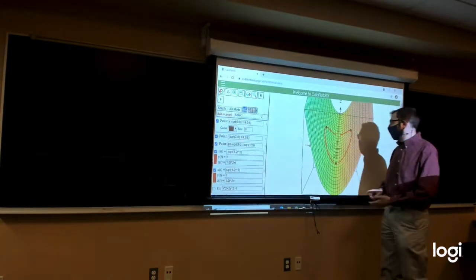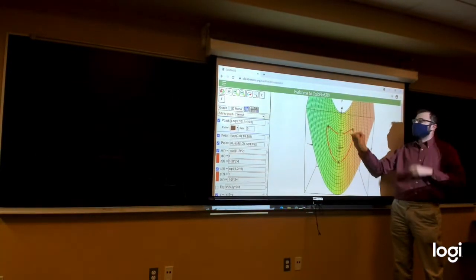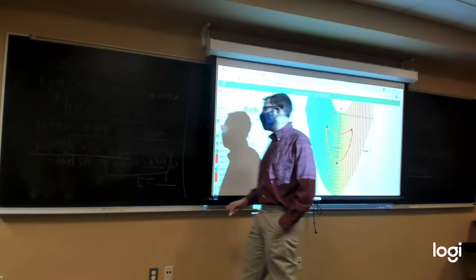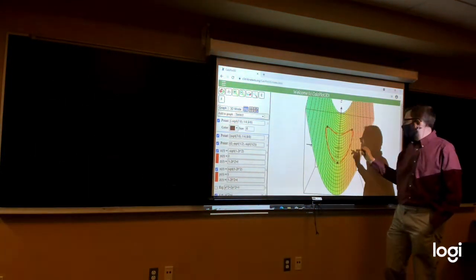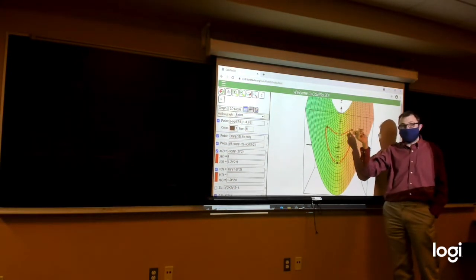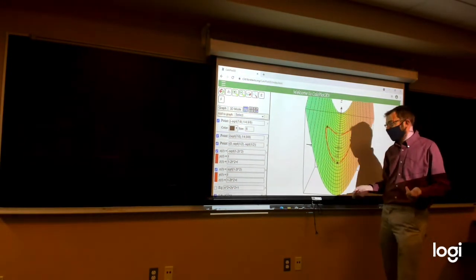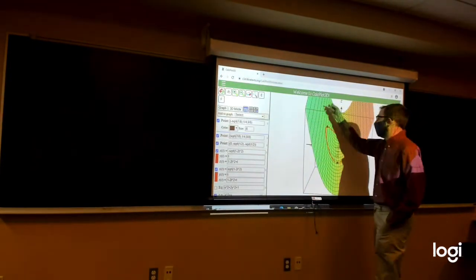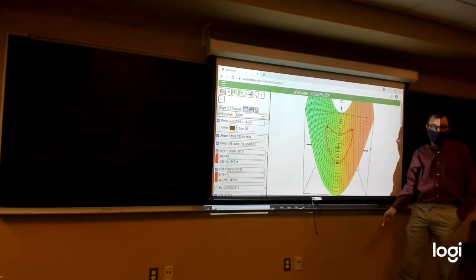if g of x, y is the function x squared plus 2y squared, then this red circle, again, is where the cylinder x squared plus 2y squared equals 1 intersects the function f, given by the overall surface.